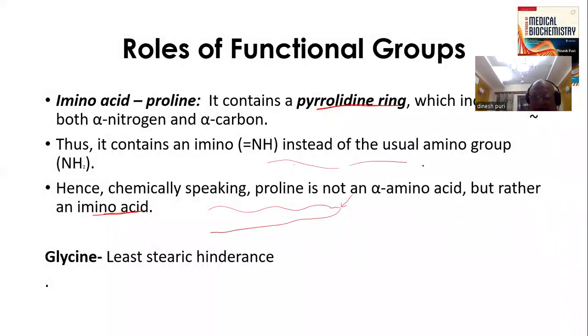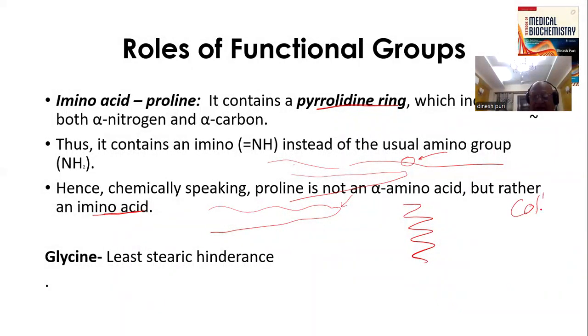You have a polypeptide chain, and if you introduce proline here, immediately at this point it will bend. So proline is also called a helix breaker. Some polypeptides which have very sharp bends have proline there.